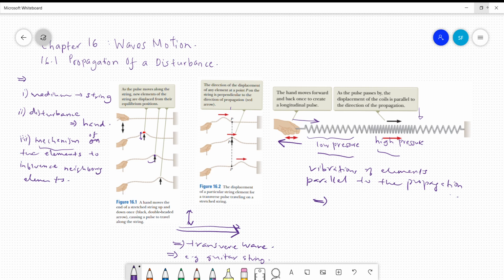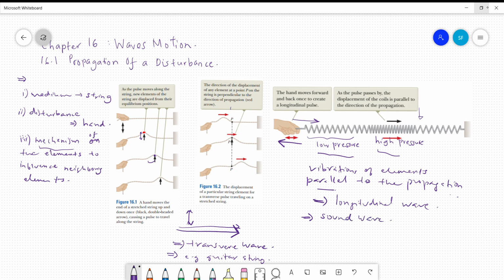The direction of the vibrations is parallel to the propagation of the wave. As a result, a longitudinal wave is being produced. One example of a longitudinal wave is the sound wave.